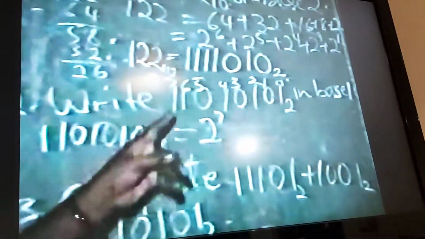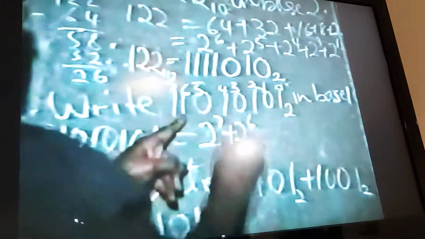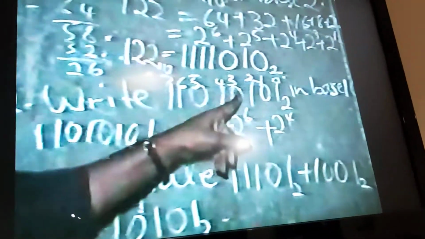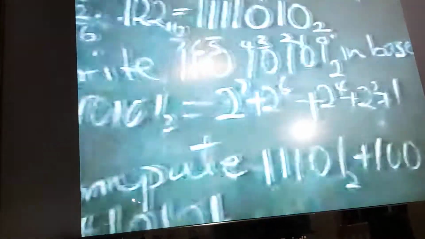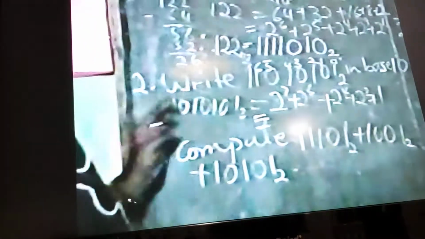So here we have 11010101 base 2 is equal to 2 raised to power 7 plus 2 raised to power 6 plus no power 5, 2 raised to power 4 plus no power 3, 2 raised to power 2, and finally 2 raised to power 0, which is 1. And then again, if you like, draw up your table of powers of 2, which you already have. 2 raised to power 7 is simply 2 times 64, which is 128.